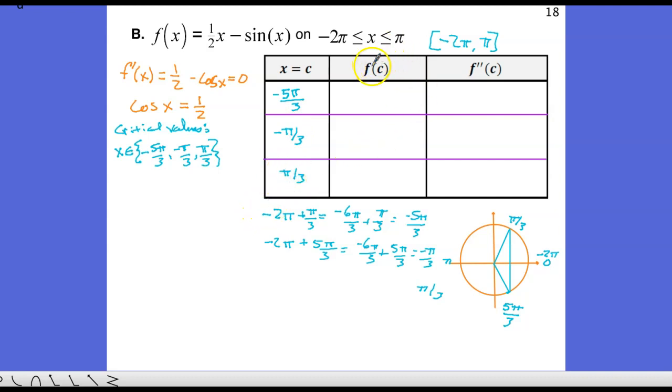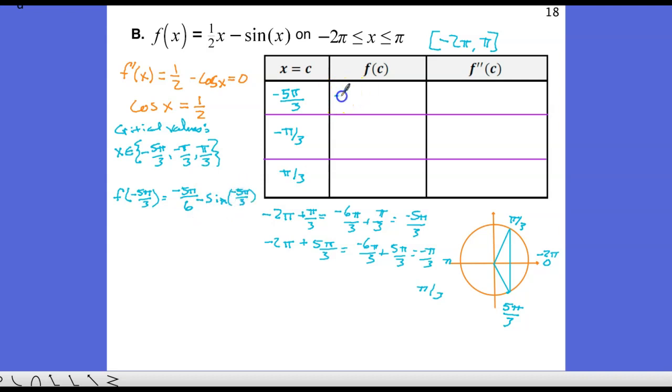Now we have to find out what f of c is. In other words, the corresponding y values that go with each of these critical values. And to do that, we'll simply plug negative 5 pi over 3 into f of x. So f of negative 5 pi over 3 is going to give us negative 5 pi over 3 times 1/2, which is negative 5 pi over 6, minus sine of negative 5 pi over 3.